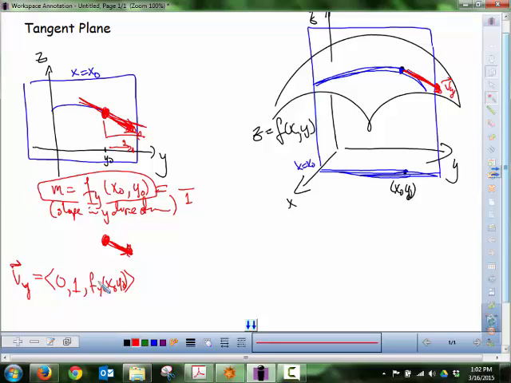All right, we're going to do the same drawing, where we make our cut along the y equals y naught plane.